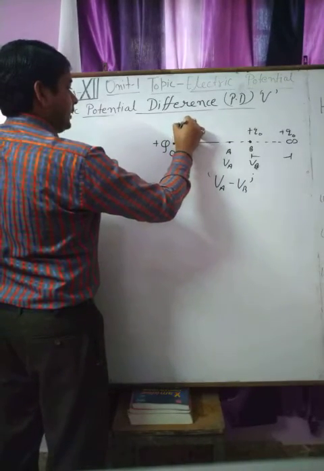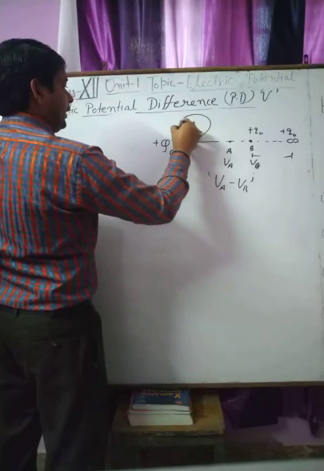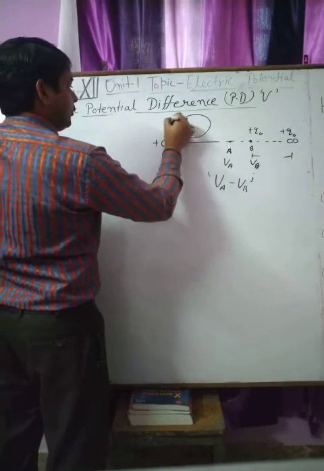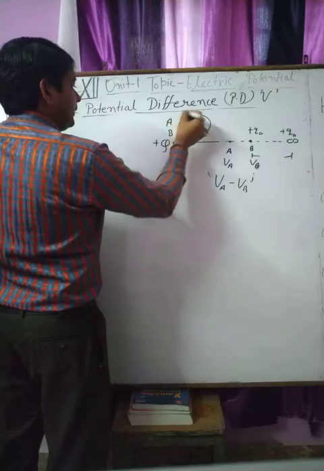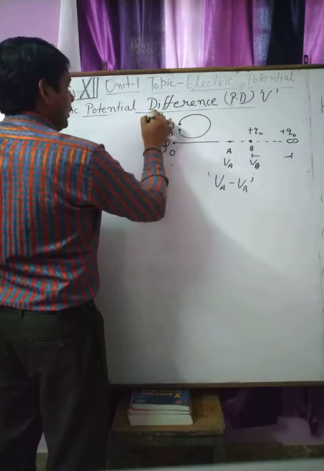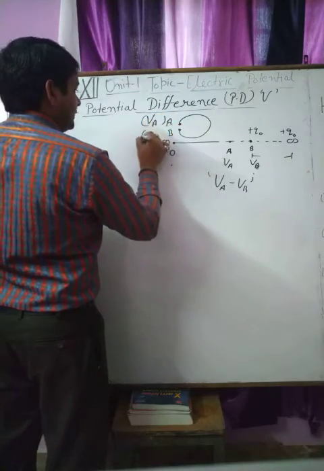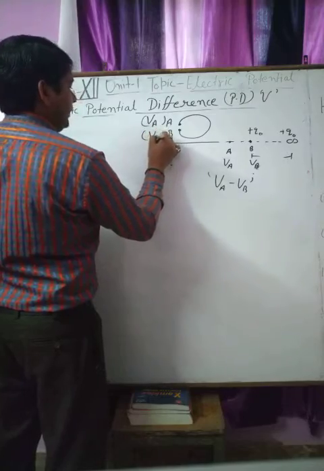Suppose a test charge is moving around a circular path from point A to B. Therefore, potential at point A is VA and potential at point B is VB.